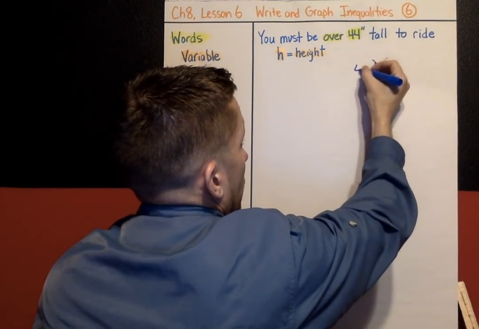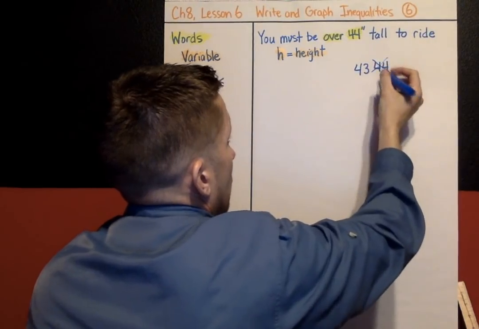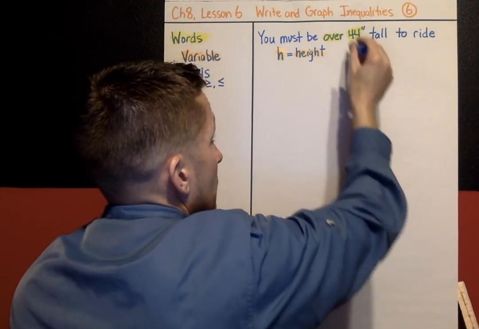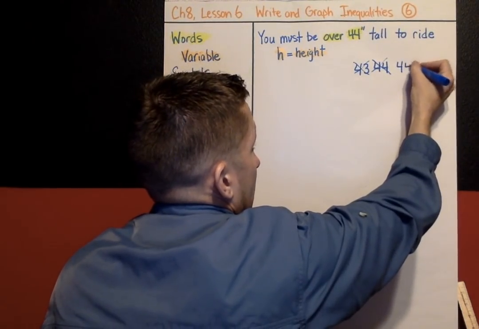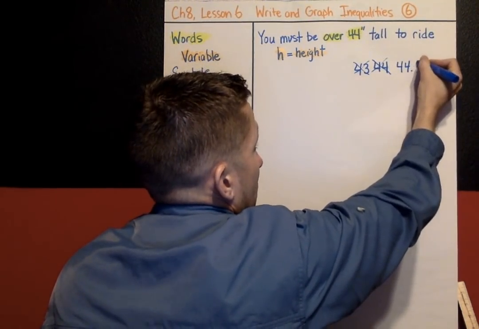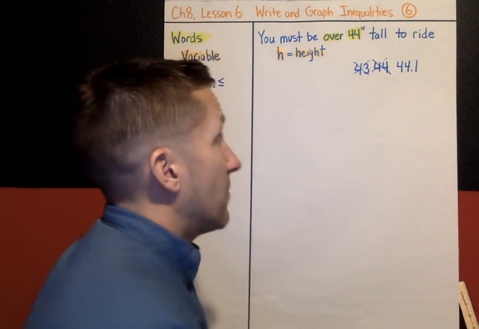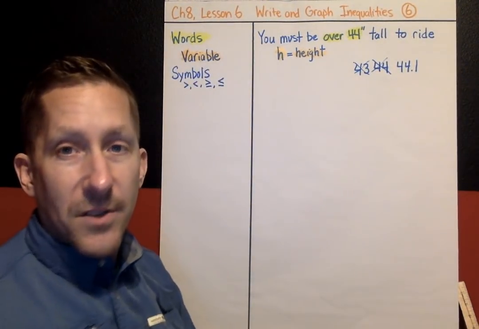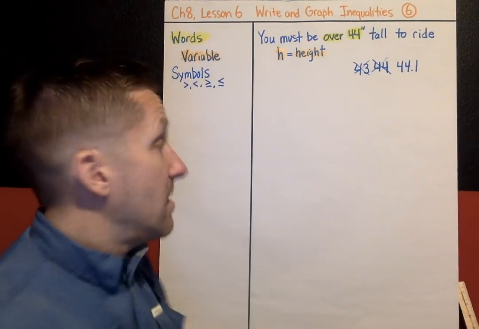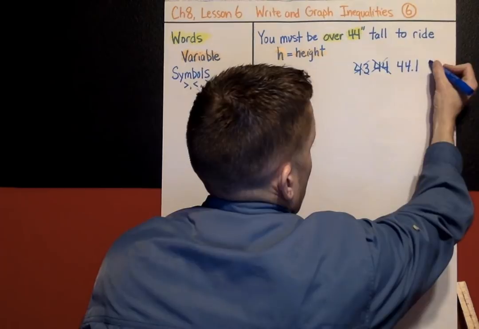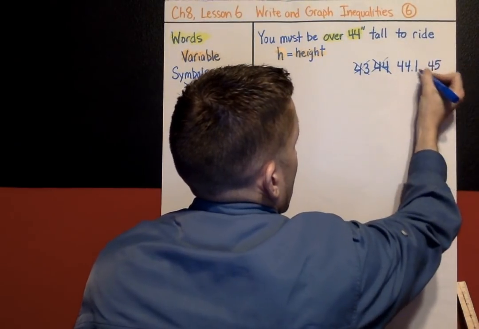What about a kid who's 43 inches tall? Well, clearly no, because you have to be over. What if a kid walks up and he or she is just barely over 44 inches tall? They're 44.1 inches tall. Are they going to get to go on the ride? They are. And same with a kid who's 45 inches tall.